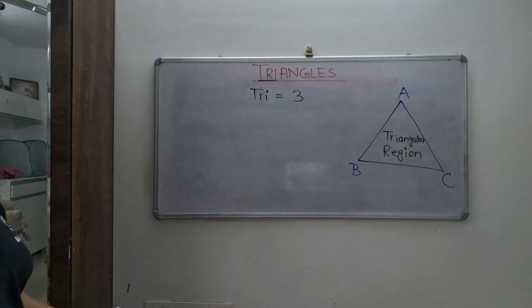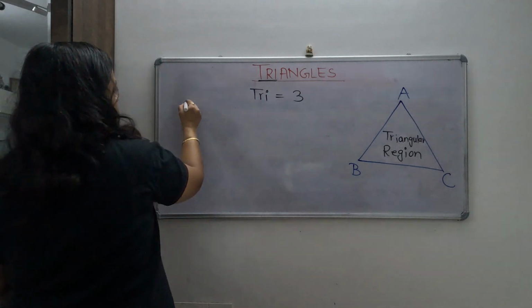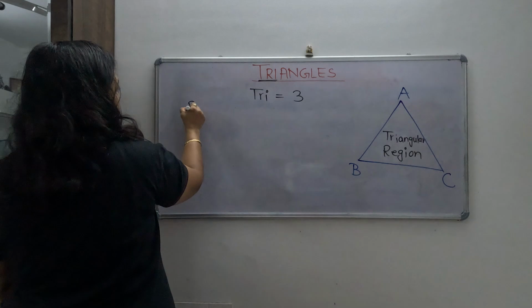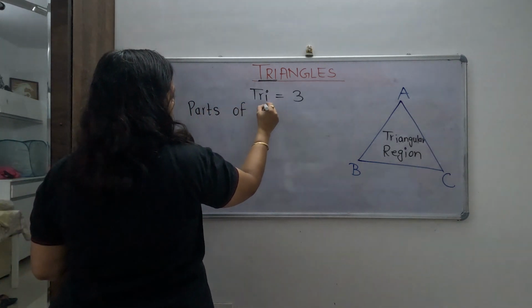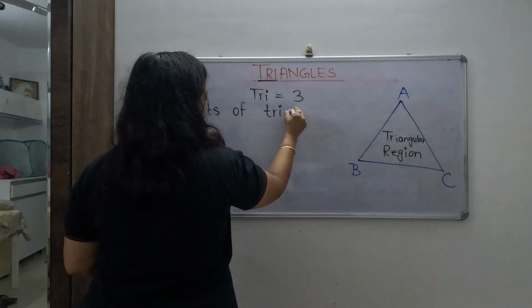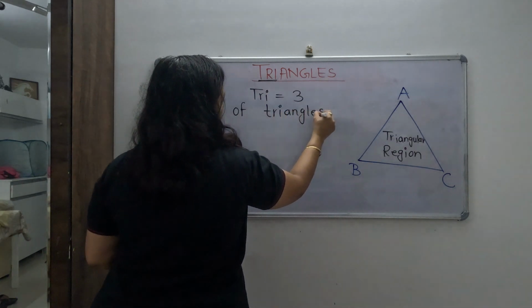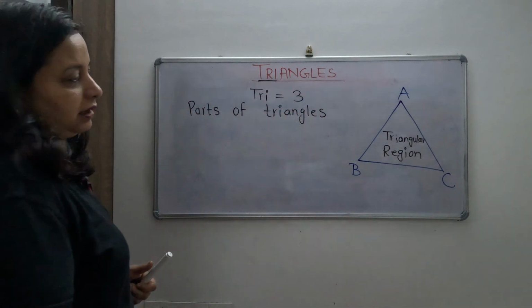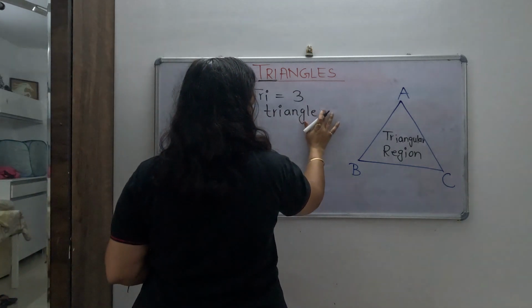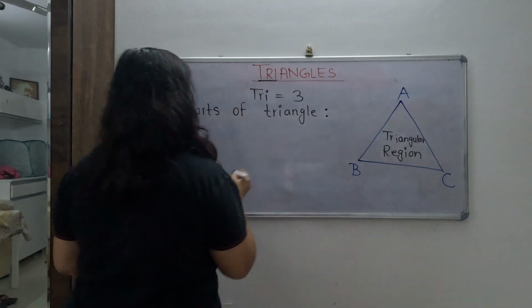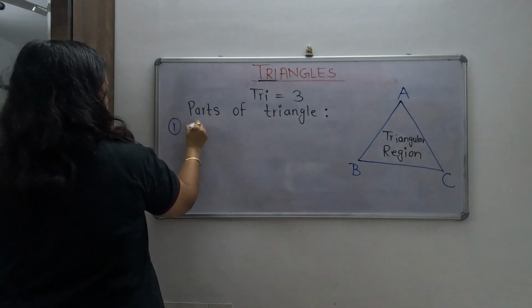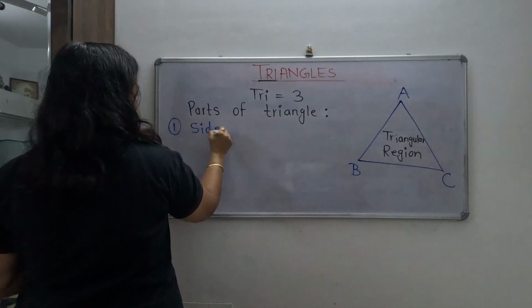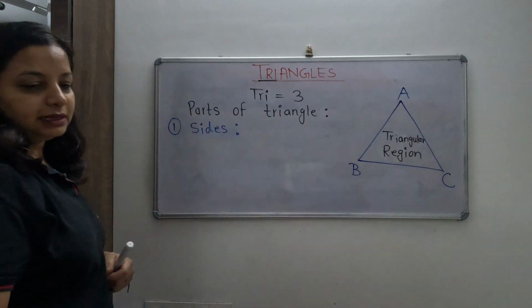Now write down the parts of the triangle. First, sides.